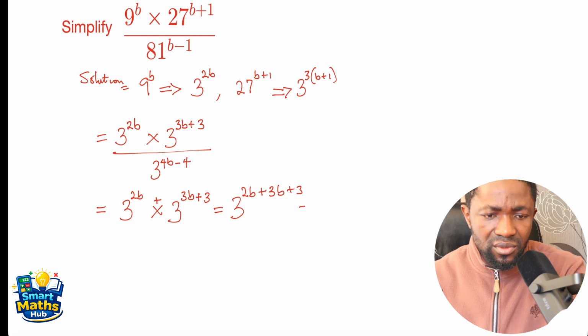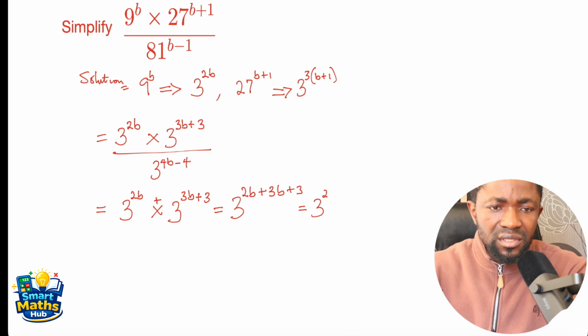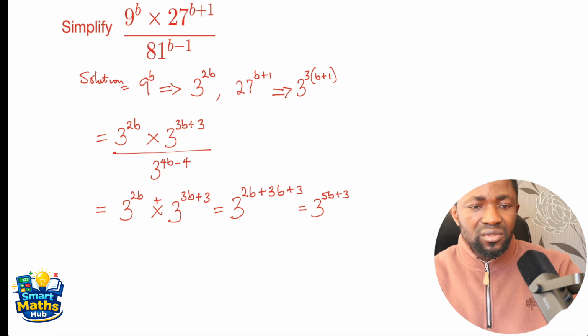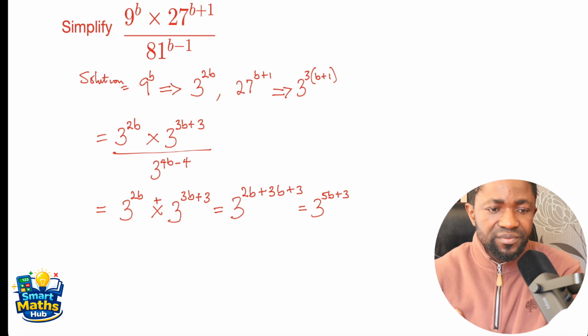So what's the value? We have 3 raised to power 2b plus 3b, which is 5b plus 3. So that's the value of the numerator.